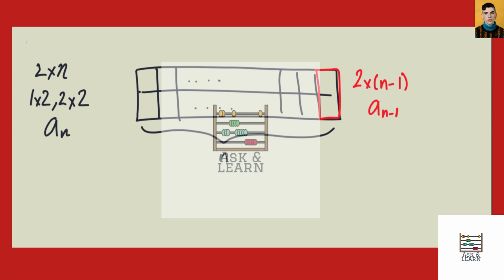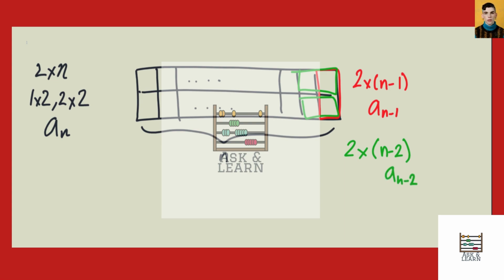Now the other thing we could do is to place a 1 by 2 piece horizontally and then another one underneath it, so kind of trapped there. Then what's left is a 2 by n minus 2 checkerboard, which can be tiled a_(n-2) ways.